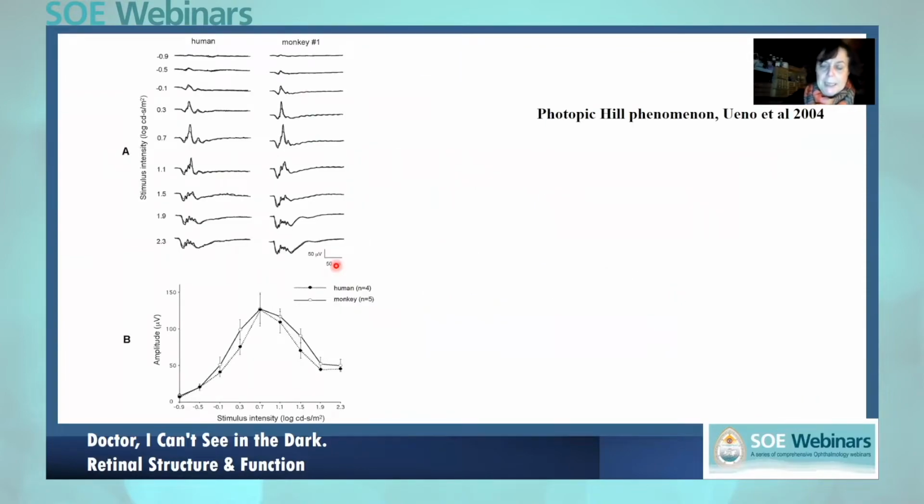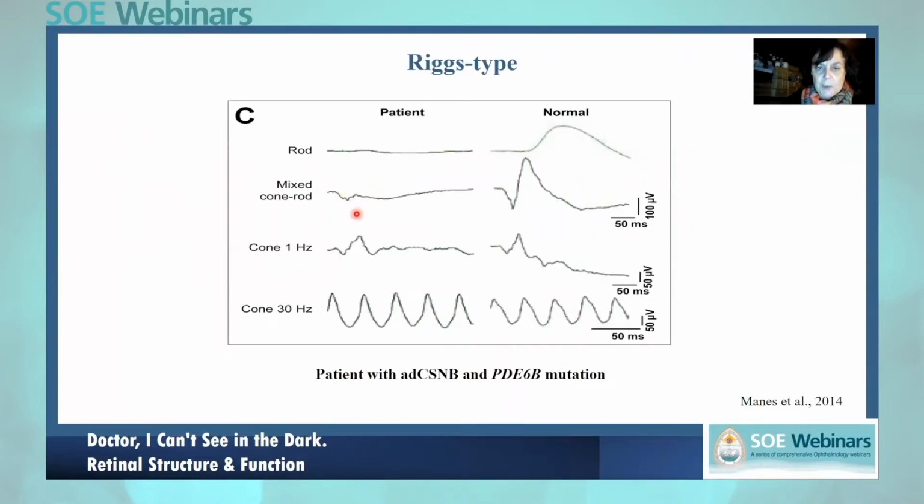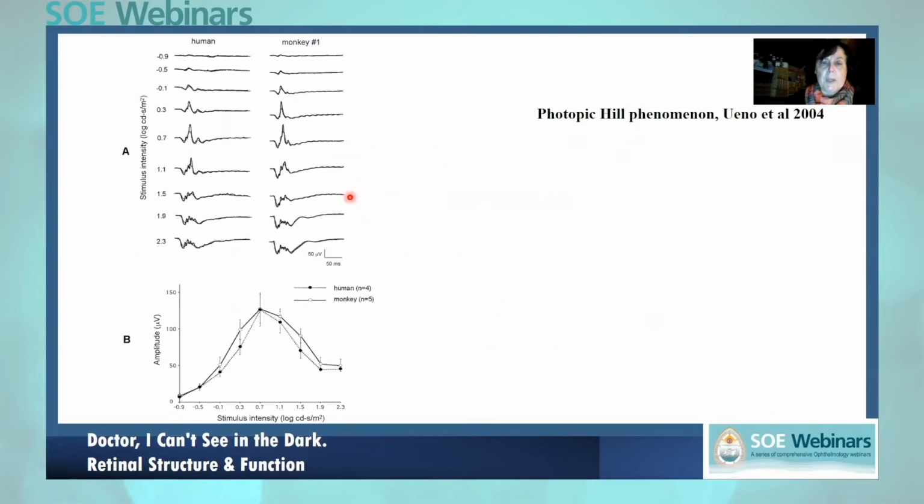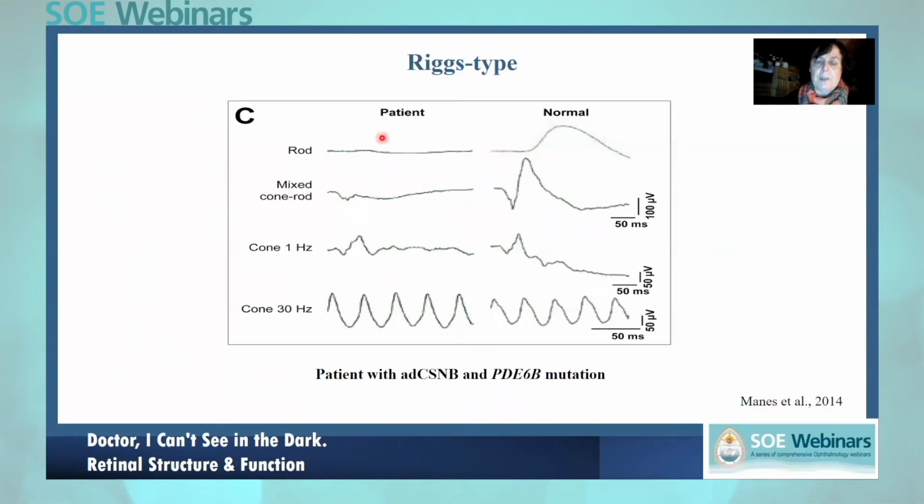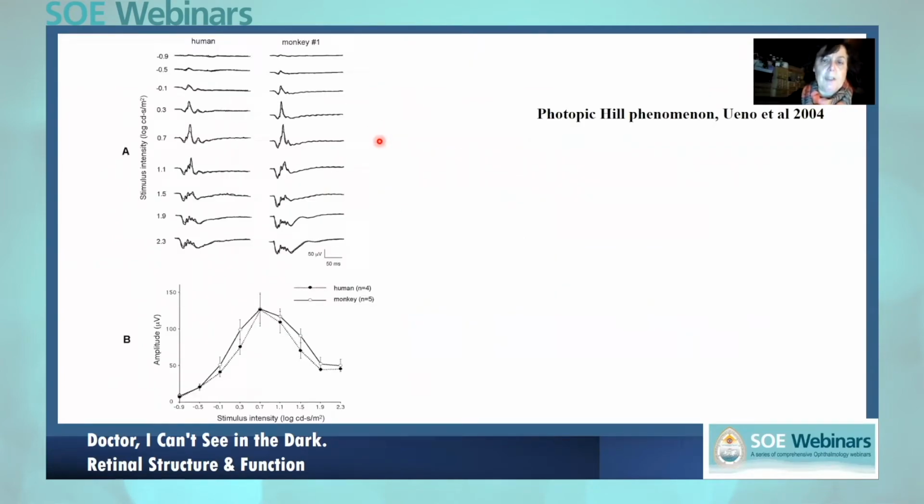And we may see this pseudo-electronegative ERG because under dark adaptation, when this is a cone-dominated response, you can reveal what is called the photopic hill phenomenon, which is a balance between the depolarization of the ON bipolar cells and hyperpolarization of the OFF bipolar cells, with this push-pull phenomenon and this different tension that really characterizes the cone system, giving this pseudo-electronegative ERG.